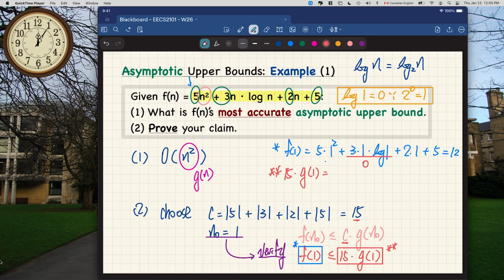How should I simplify that? 15 times what? 1 to the power, yeah, exactly, because now it's a square right here. Awesome. Now you got it, 2, so that would be 15. All good. So now we are basically asking: 12 less than or equal to 15. True, we're good.